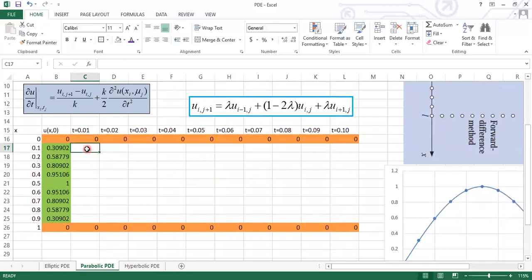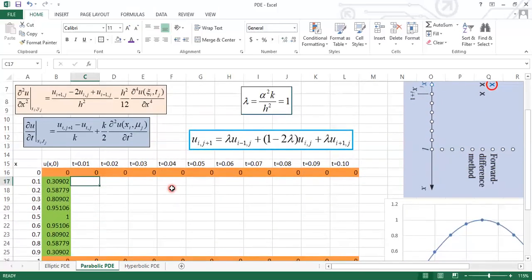So let's calculate. At this point, we will use these three values at the previous time step. They will generate a new value over here. So in explicit form, we can write u i minus 1 j, minus u i j, the central term, plus u i plus 1 j.